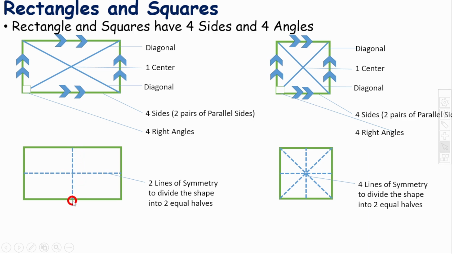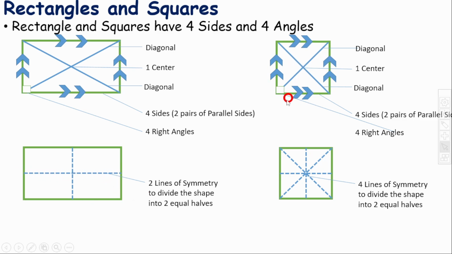A line of symmetry means the rectangle can be divided into two equal halves. For example, through this part, if the rectangle is folded, it turns into two equal halves. So it has two lines of symmetry.